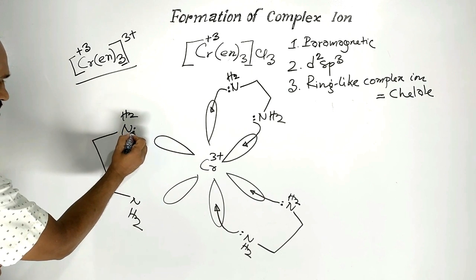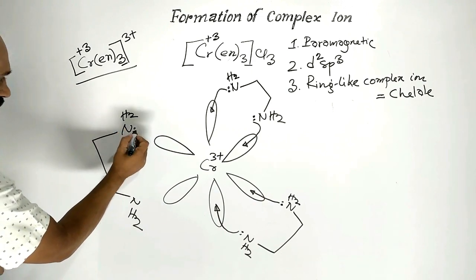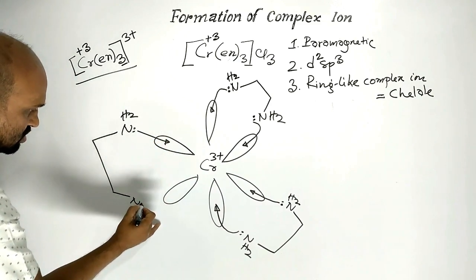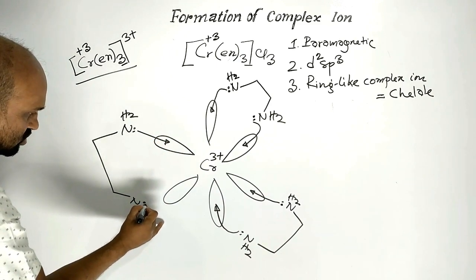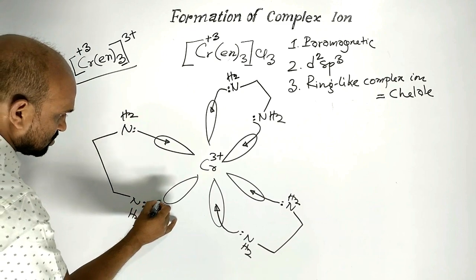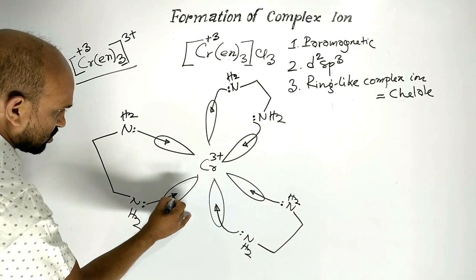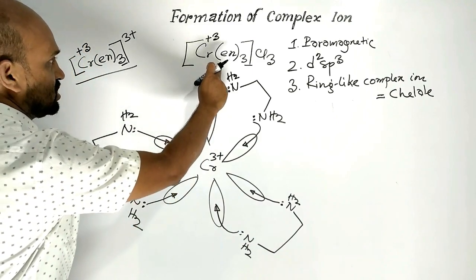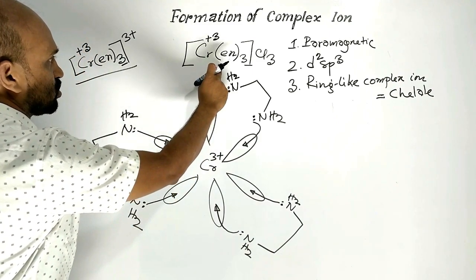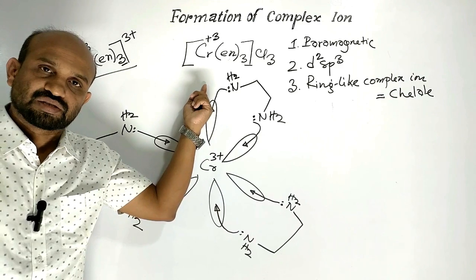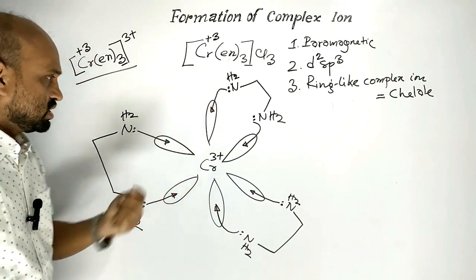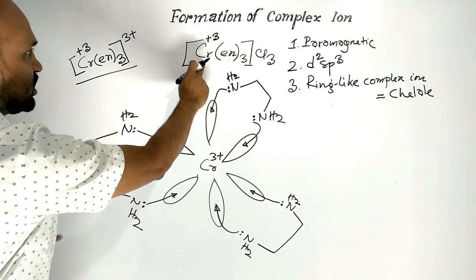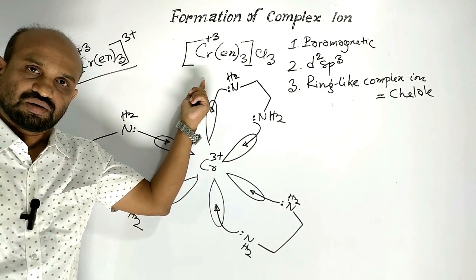This nitrogen with this lone pair of electrons forms a coordinate covalent bond. This nitrogen with this lone pair of electrons forms a coordinate covalent bond. In this way, the tris ethane 1,2-diamine chromium 3 complex ion is formed.